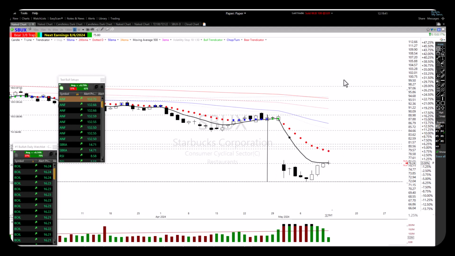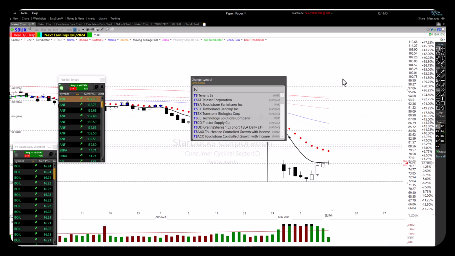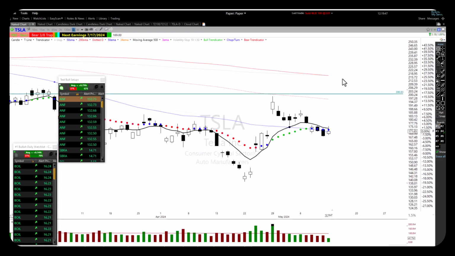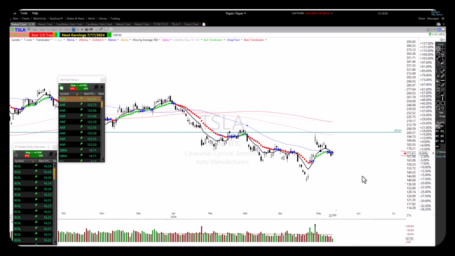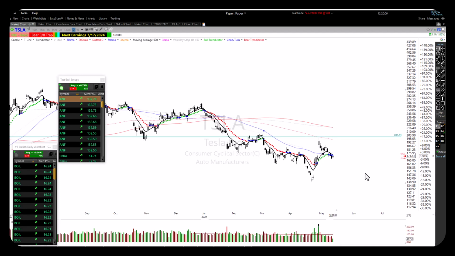Hey, JC, on Tesla, let's see here, Tesla. There we go. You're talking about a scanner setup, I believe, JC, the tried and true. That's not something I use. Tried and true is the name of a scanner setup that's in the scanner.